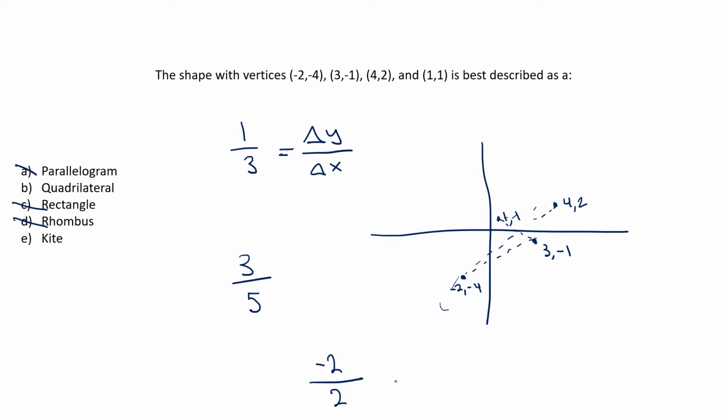So the slope is negative 1, which means if this slope is positive 1, which is the negative reciprocal, then it is a kite, because these are perpendicular. So negative 4 to 2 is positive 6 over negative 2 to 4 is also positive 6. So this does equal 1. So these are perpendicular, and the answer is that it is a kite.